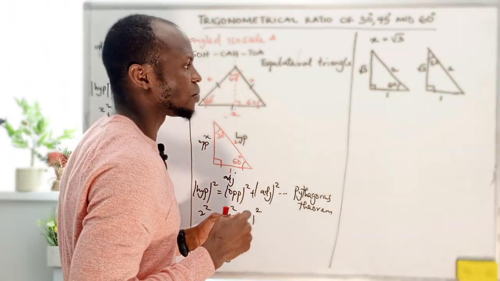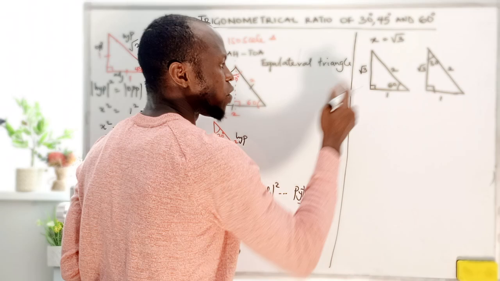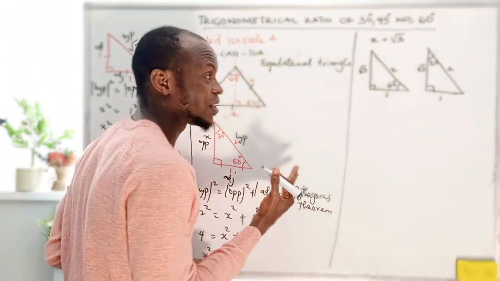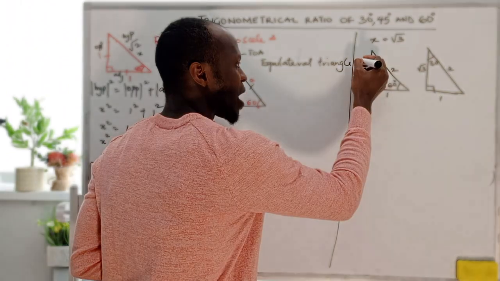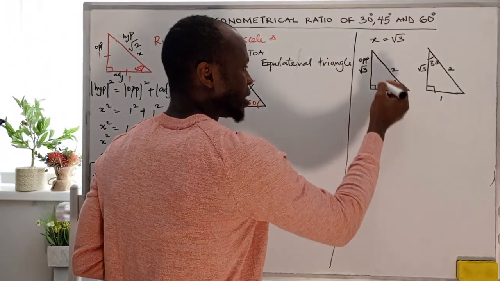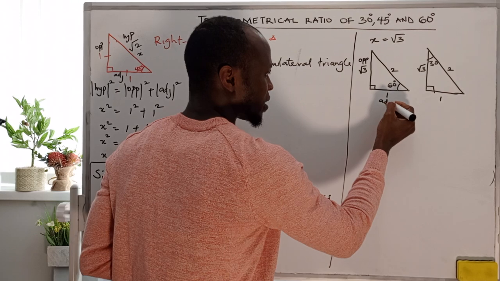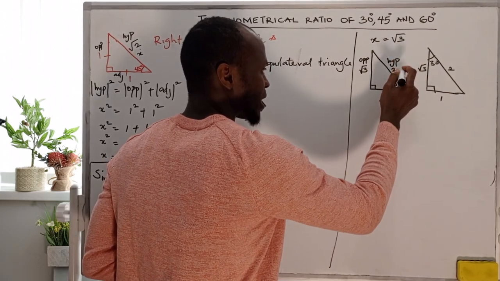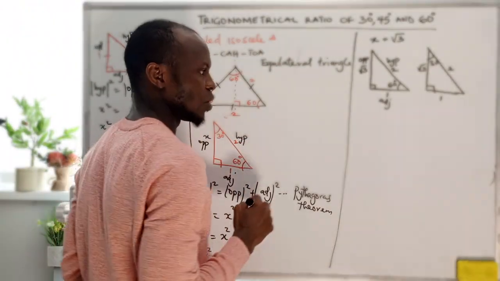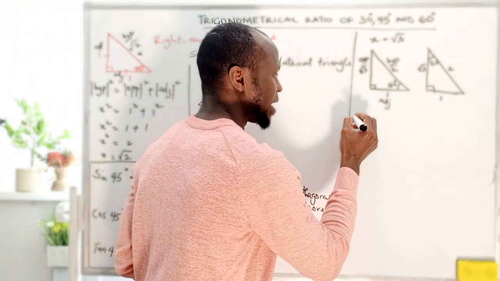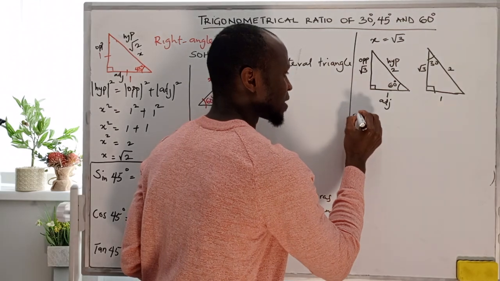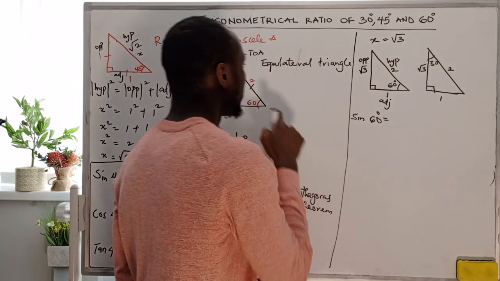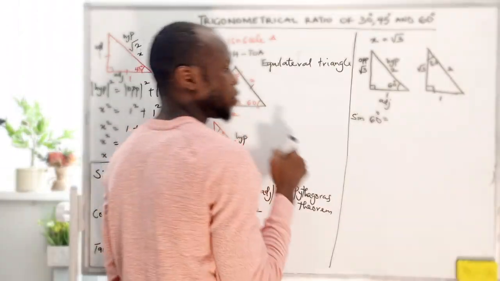All right? So from this triangle, if I want to go for my 30 degree, my 60 degree, should I start with 60 degree? So this place will be my opposite. This place will be my adjacent. And this place will be my hypotenuse, because it is a side that faces the right angle. Automatically, my sine 60 degree will be equals to, don't forget, from SOHCAHTOA, opposite over hypotenuse.